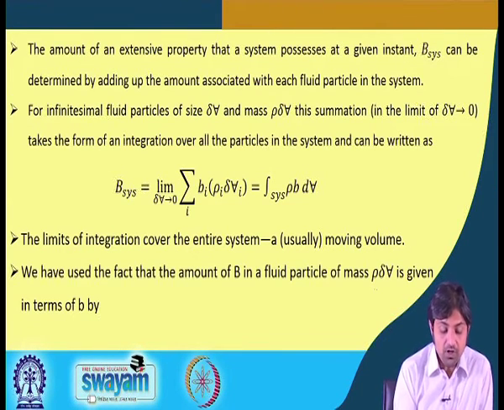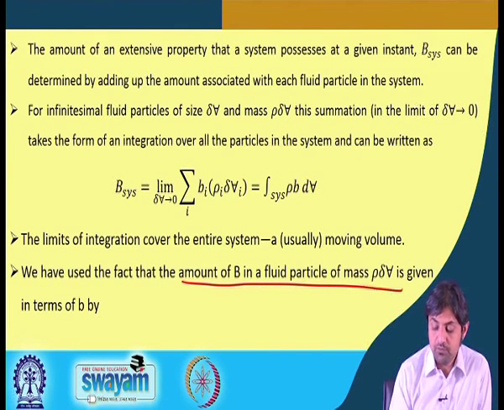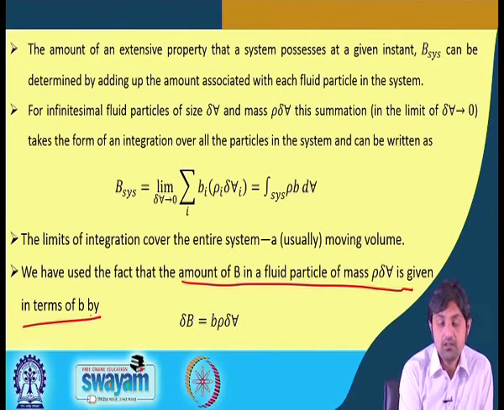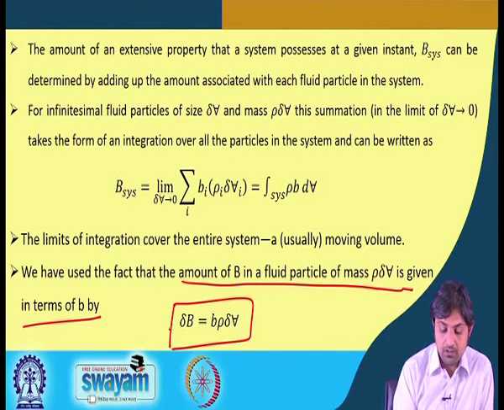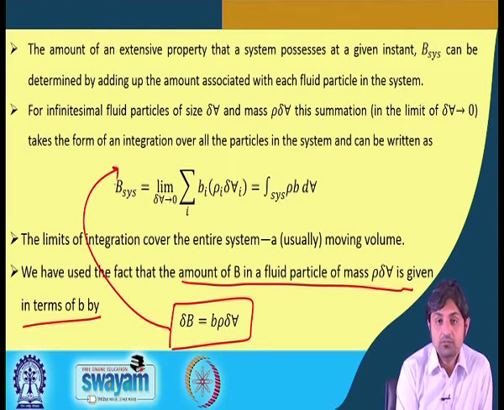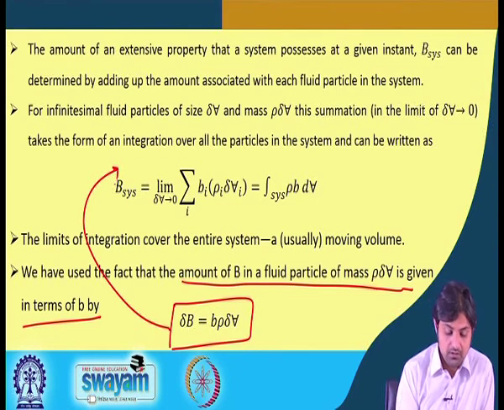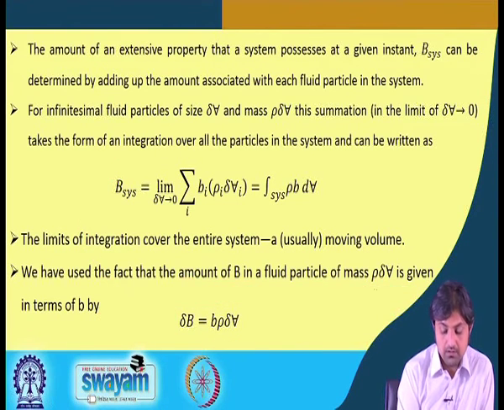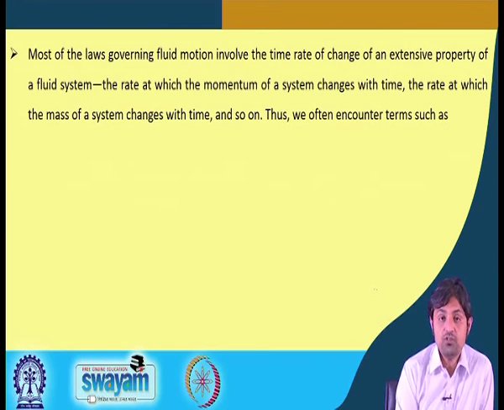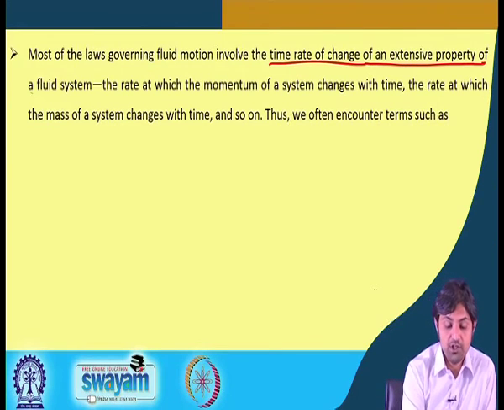For doing that, we have used the fact that the amount of B in a fluid particle of mass rho delta V is given in terms of small b by delta B equal to b rho delta V. Most of the laws governing fluid motion involve the time rate of change of an extensive property of a fluid system.